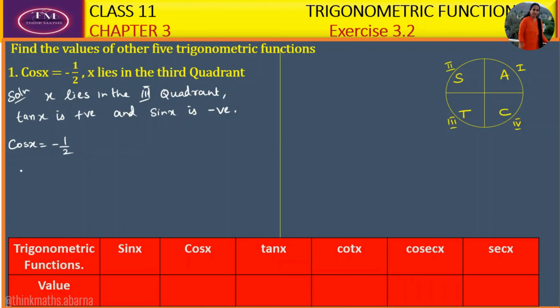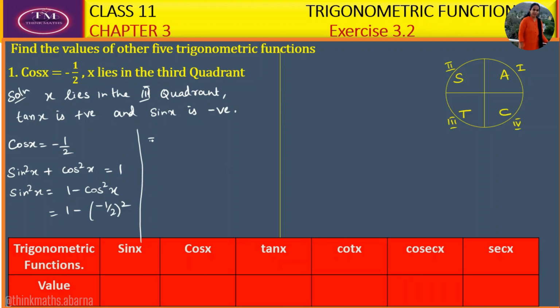What is the relationship between sin and cos? We know sin square x plus cos square x equals 1. So sin square x equals 1 minus cos square x. Cos is minus 1 by 2, so 1 minus minus 1 by 2 whole square.